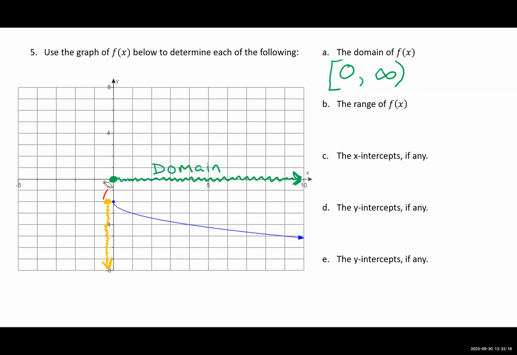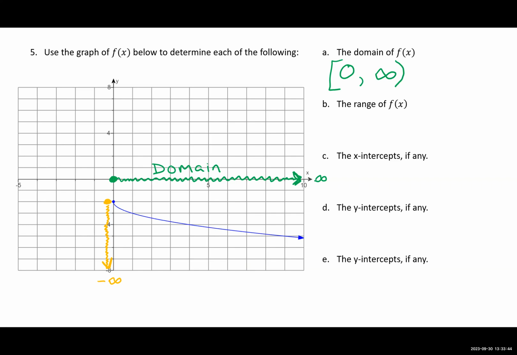So the range of this function is all these numbers that are either equal to -2 or below -2. So that's going down to -infinity. Over here in green, that's going to +infinity. To the right is positive, to the left is negative.